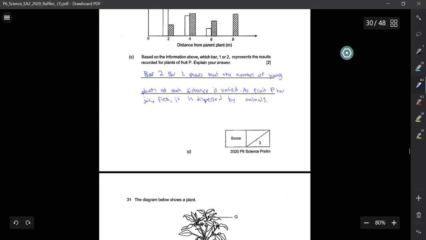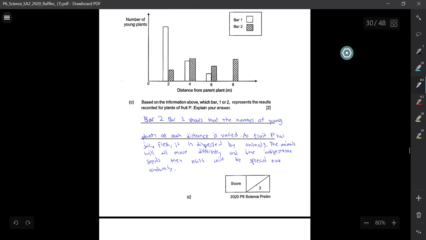Alright. And the animals will all move differently, and the indigestible seeds they pass will be spread out randomly. Right? Does that make sense?